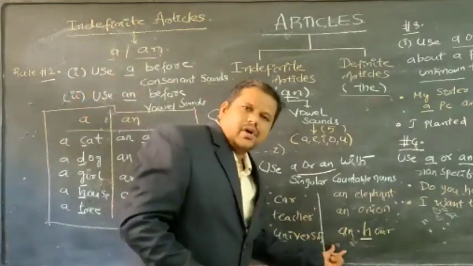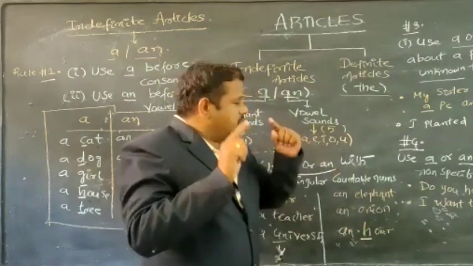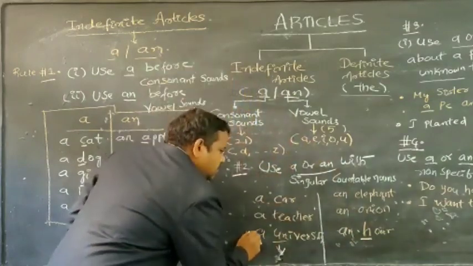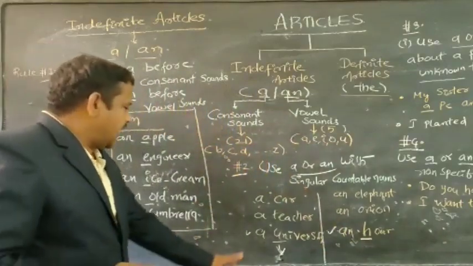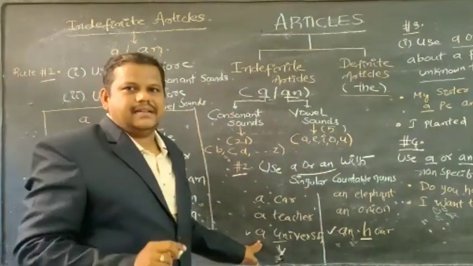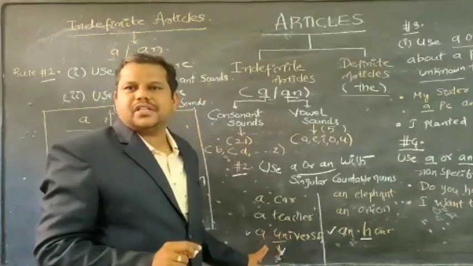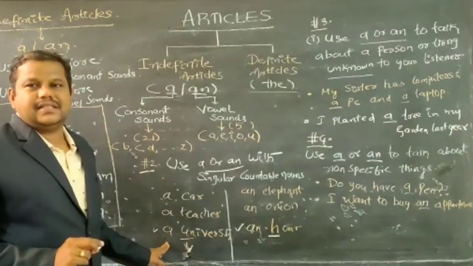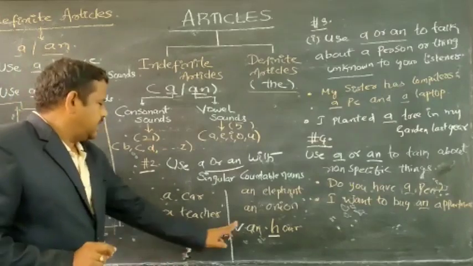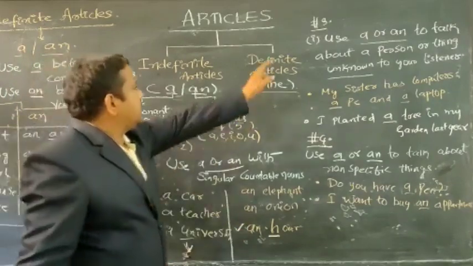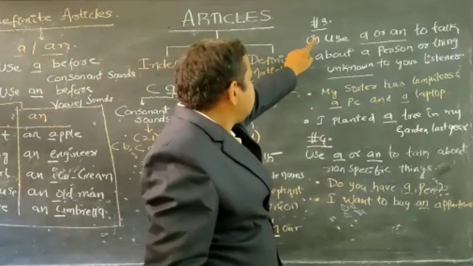This is very important, and this question is asked a number of times in examinations. Students get confused. Instead of a university, if you write an university, it's wrong. You should use a university and an hour.